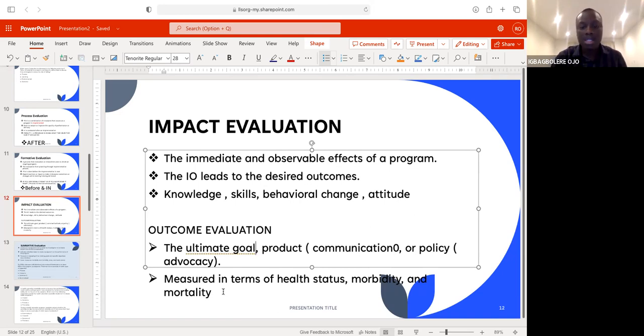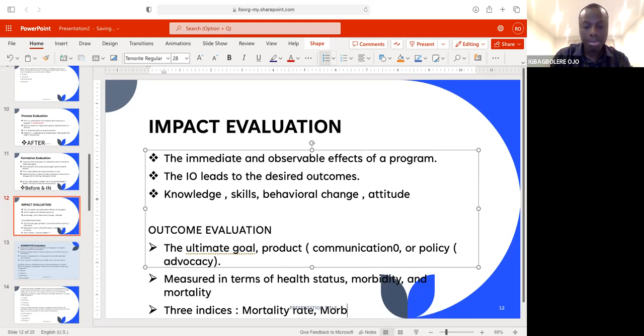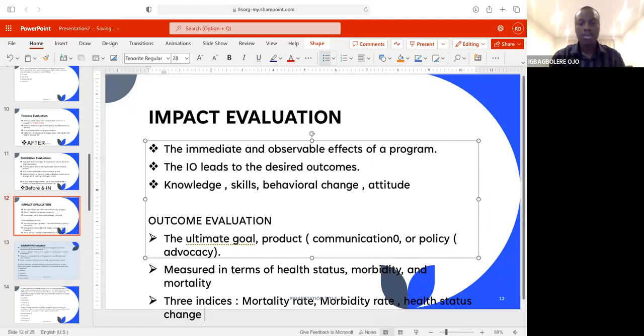However, when you talk about outcome evaluation, you are looking for the three indices, which are mortality rate, morbidity rate, and health status change.